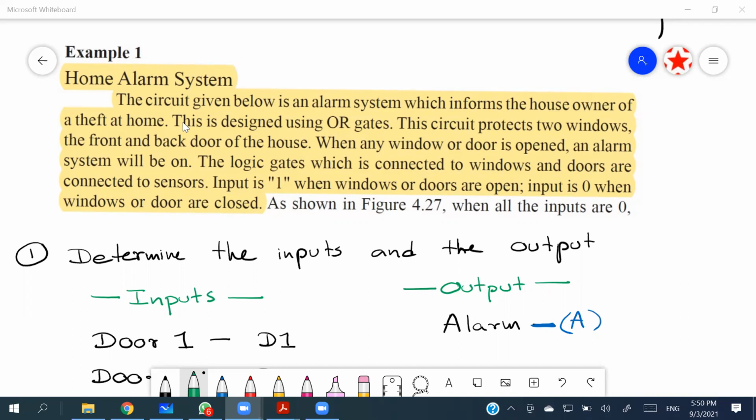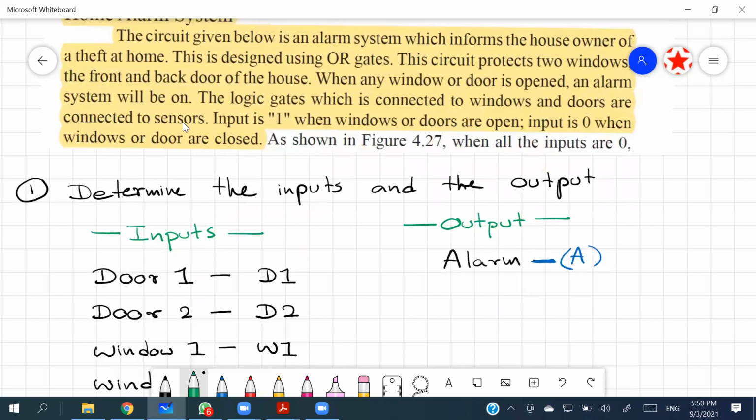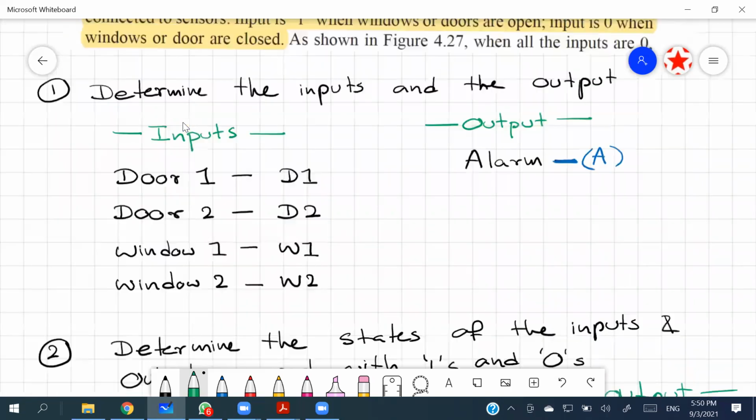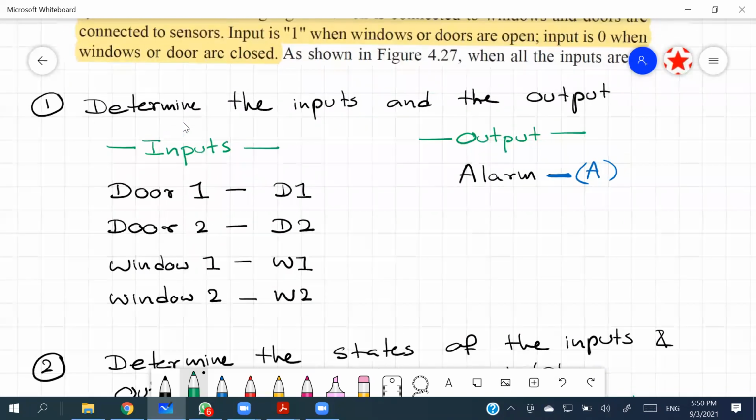So I told you, when you are given this kind of situation or scenario, the first thing we have to do is determine what the inputs and the outputs are, right? It is easy for you to capture the inputs and outputs. Specifically, when it comes to the output, it is a little easier to capture who is going to execute or turn something on from your scenario.